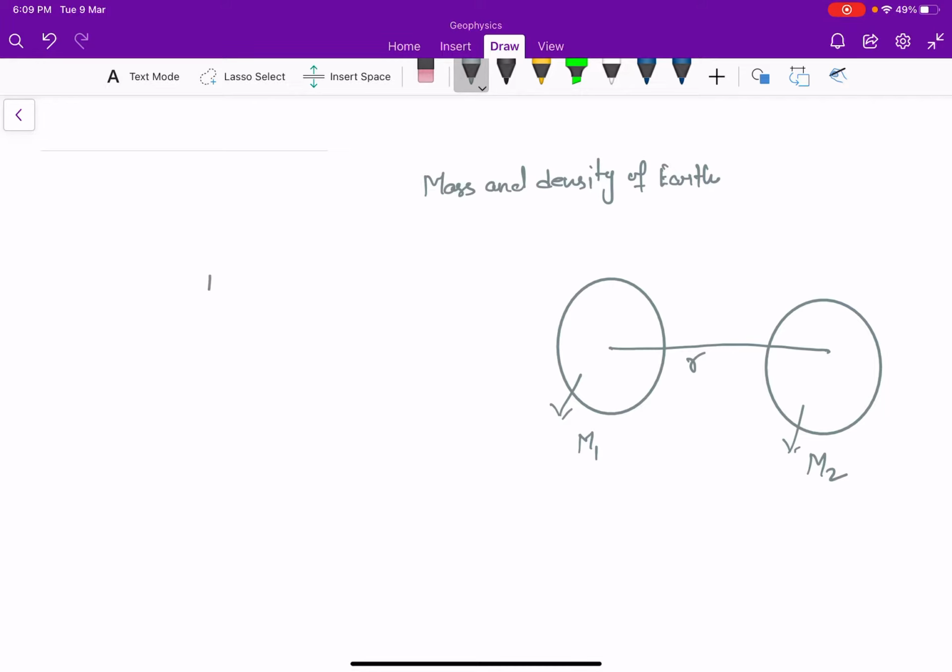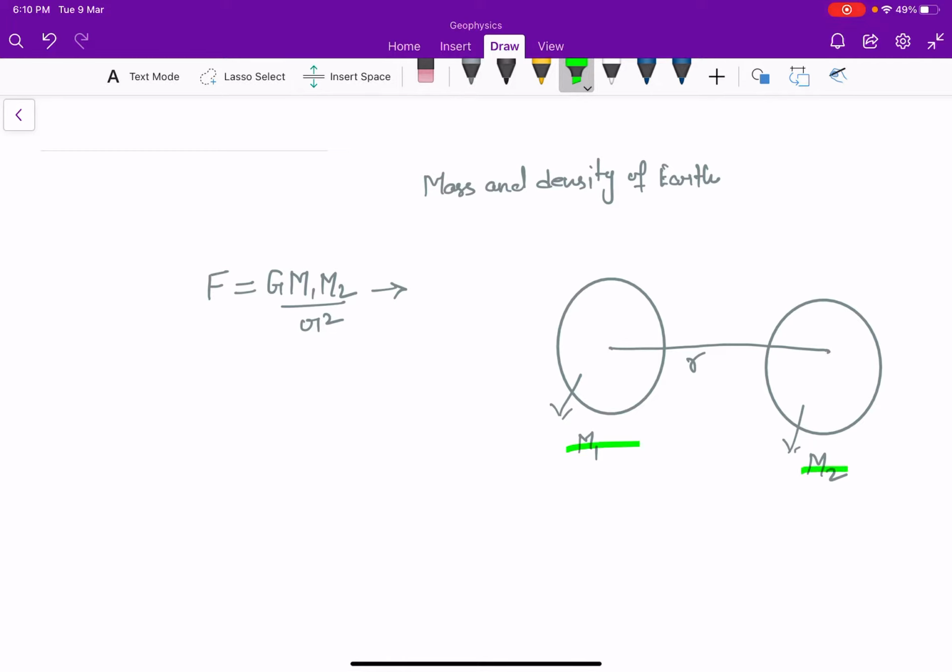The universal law of gravitation says F is equal to G m1 m2 divided by r square. So this is Newton's universal law of gravitation, the force acting between these two objects of mass m1 and m2.